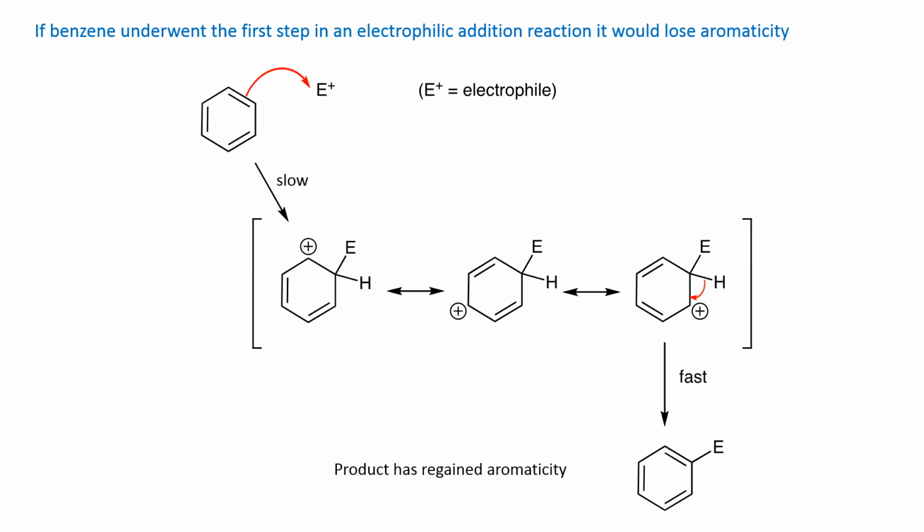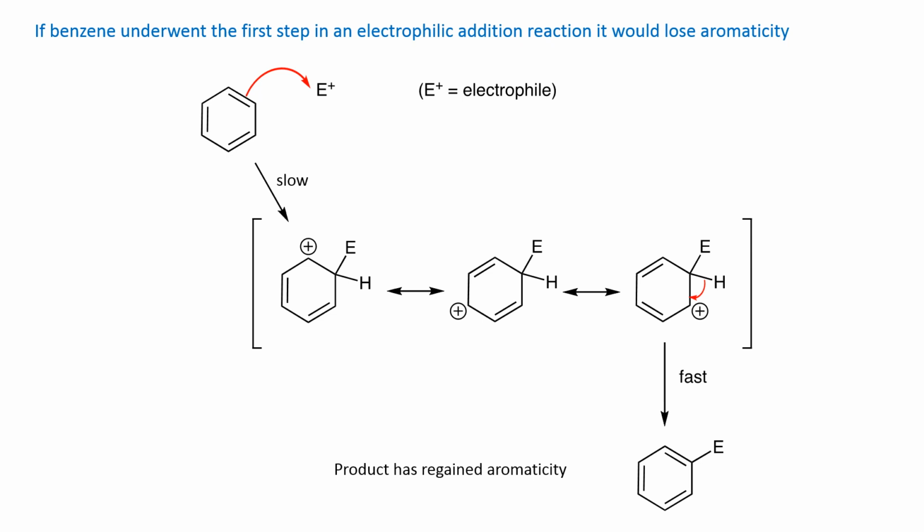And indeed, this is what happens if we have benzene in the presence of a very strong electrophile. This reaction doesn't occur easily simply because the first step requires a very large activation energy, and so we need to use very powerful electrophiles in order to get the reaction to go.